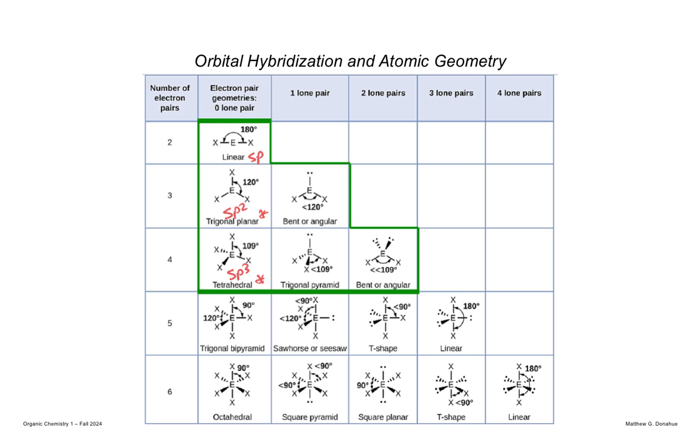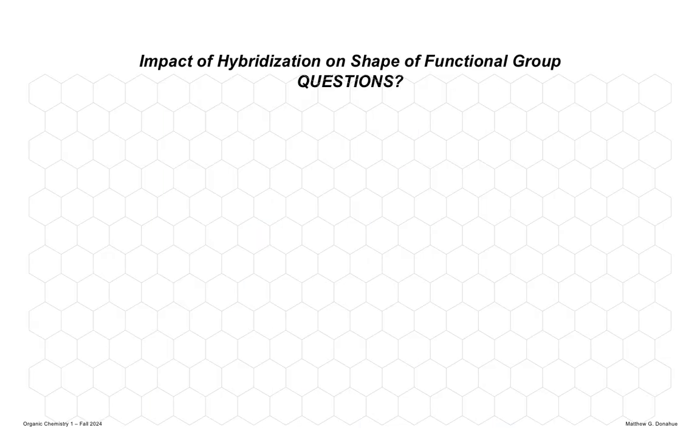These other things, bent, angular, trigonal pyramidal, those will become important when we start incorporating oxygen and nitrogen into the molecular formulas. But tetrahedral, trigonal planar, linear, you'll want to have an idea of what those shapes are. Any questions?